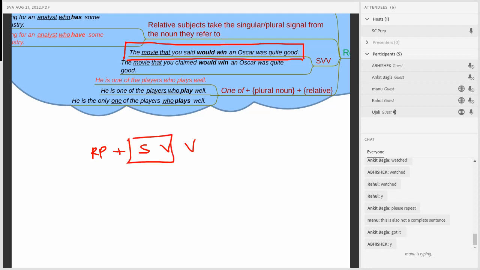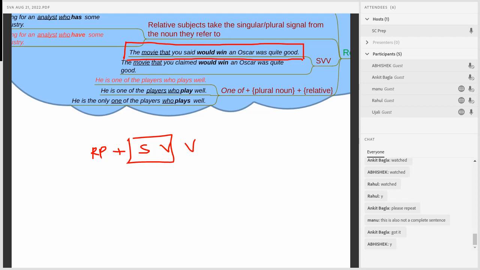If it doesn't agree with the noun, we remove the first SV and we read it as RP plus V. Exactly. But then what? So then you can recognize whether the structure is correct or not. Okay. So if I did that for the example, the movie that was good, what's wrong with the structure?